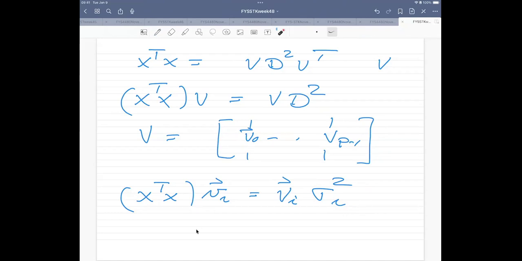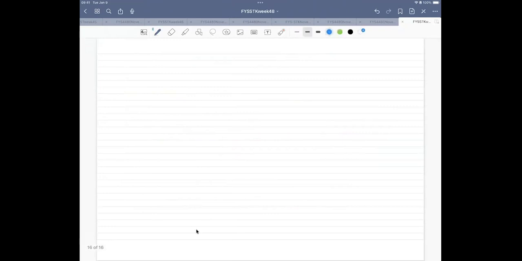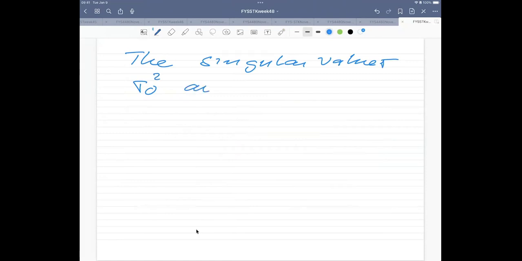So the sigma i squared, if I divide by 1 over n, are the variances of the covariance matrix.